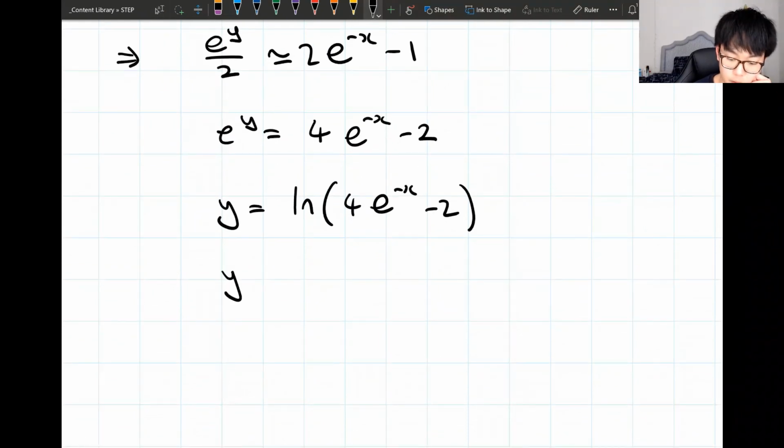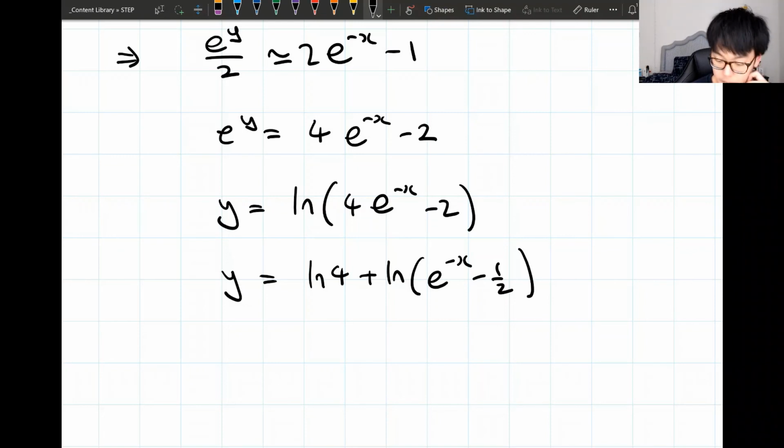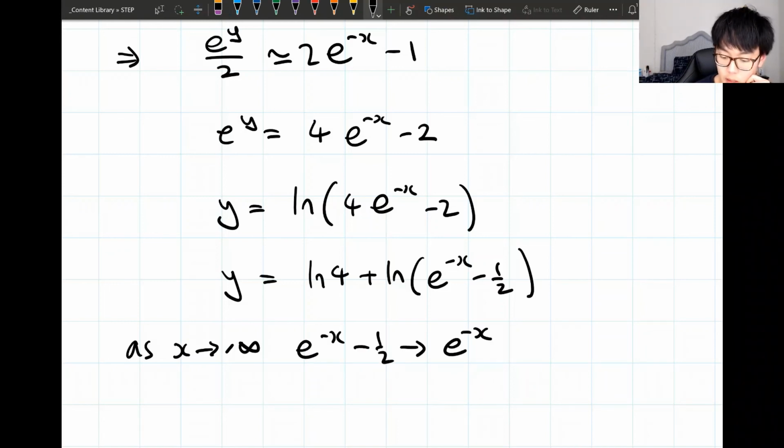Which is roughly y is equal to natural log of, let's take the 4 out, and so that is natural log of 4 plus natural log of e to the power minus x minus a half. Now we see that as x approaches minus infinity, e to the minus x minus a half approaches simply e to the minus x.